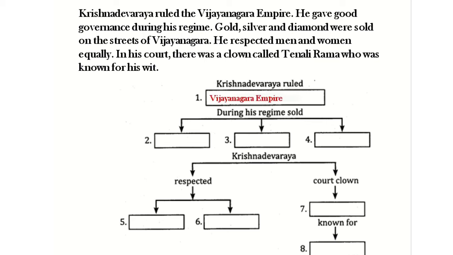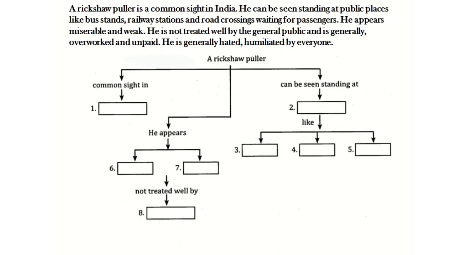Krishnadevaraya ruled the Vijayanagara Empire. During his reign, gold, silver and diamonds were sold. Krishnadevaraya respected men and women equally. The court clown's name is Tenali Ramakrishna, known for his wit. Okay, this is the note making activity for your second PUC English grammar.